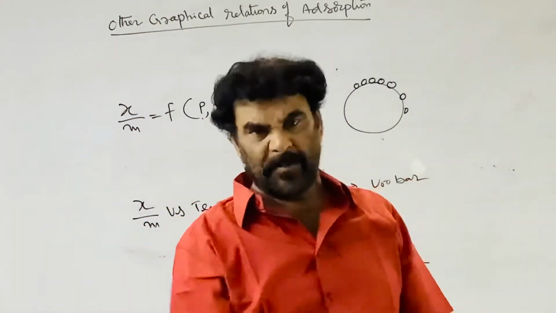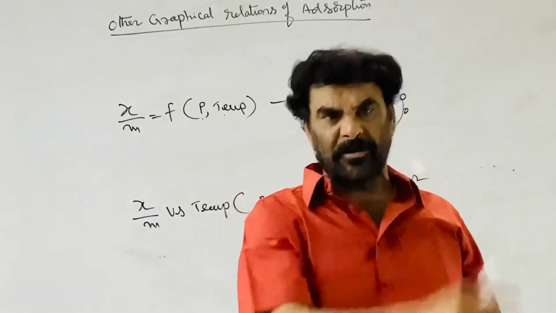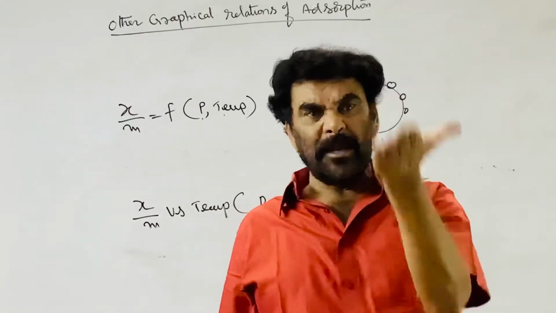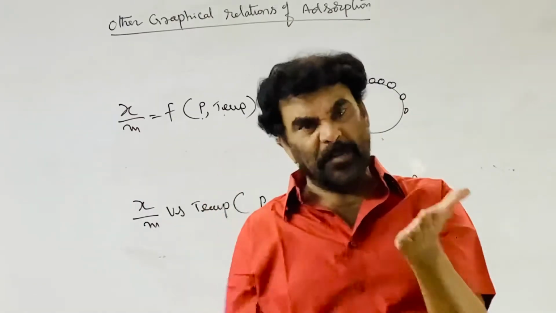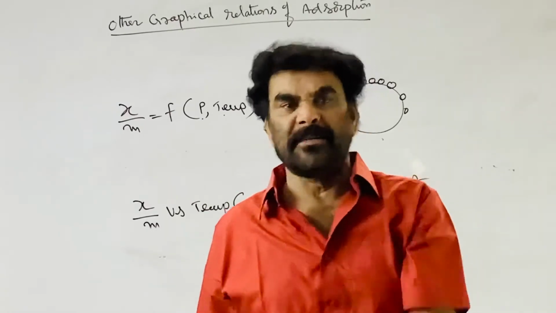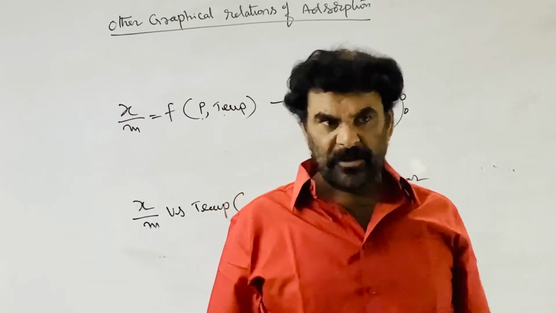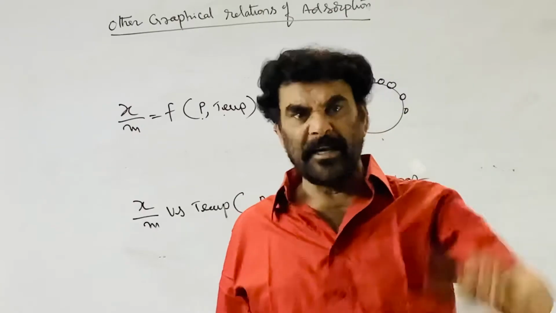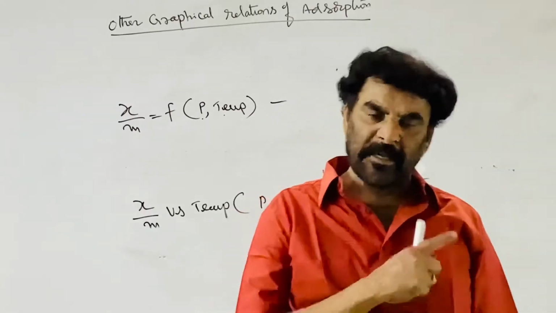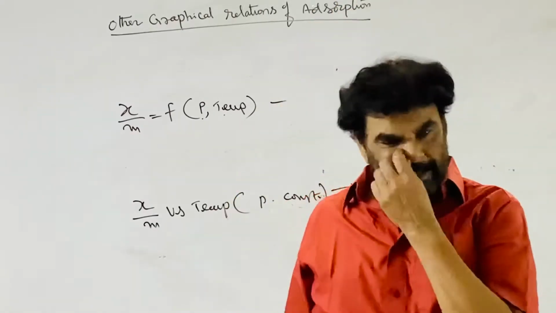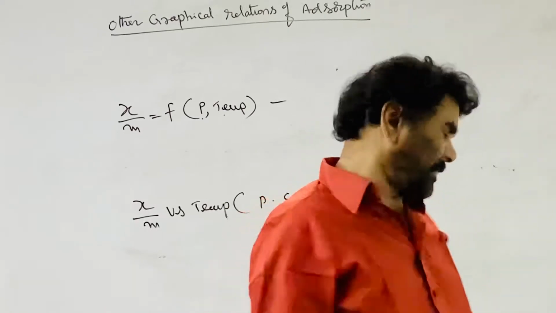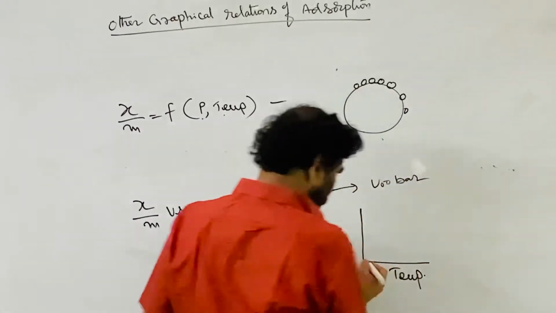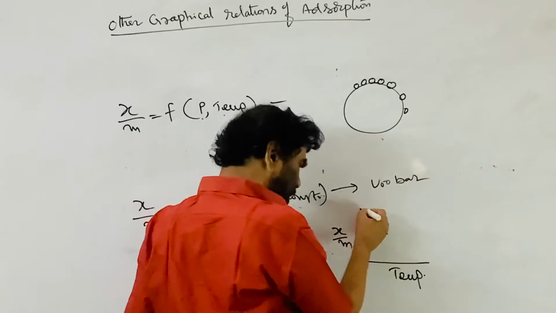Desorption is an endothermic process. Adsorption is an exothermic process. As you increase the temperature, the endothermic process is promoted and the exothermic process is retarded. So the rate of adsorption decreases, the rate of desorption increases, and therefore the extent of adsorption gradually decreases. Therefore at low temperature it is more.